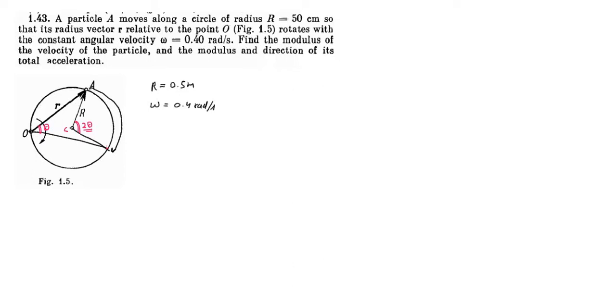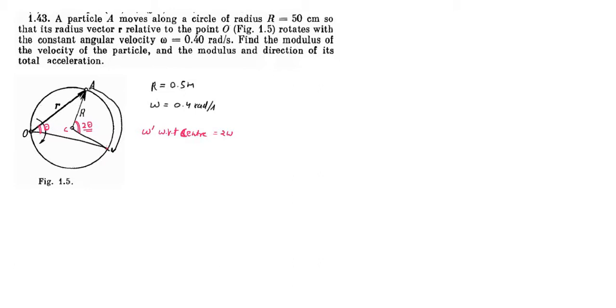That means if the angular velocity of point A with respect to O is omega, then the angular velocity of point A with respect to center will be 2 omega. So angular velocity with respect to center will be 2 omega.